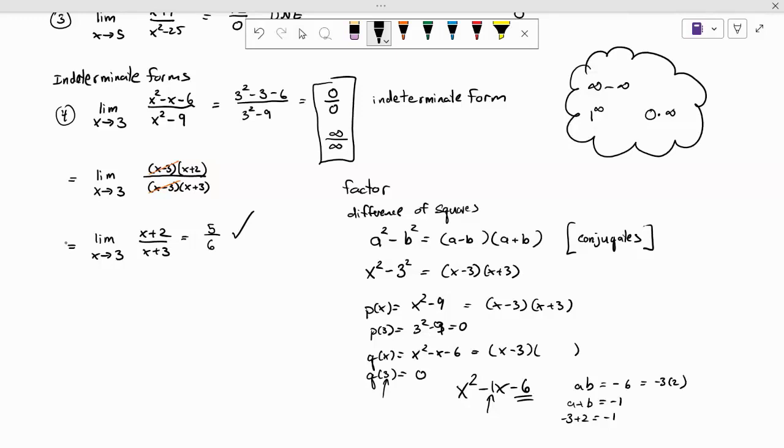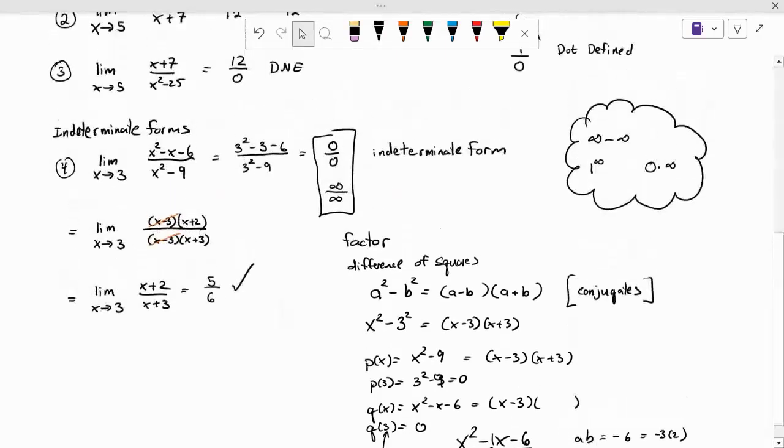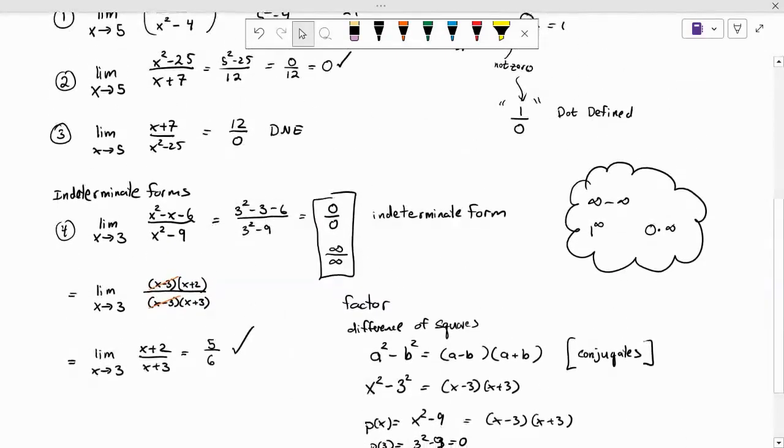Good question. On the first part, would that be an answer? The one previously, example 3, where it was not defined. Would that be a valid answer? Well, if you read the instructions, it says find the following limits and write DNE if the limit doesn't exist.